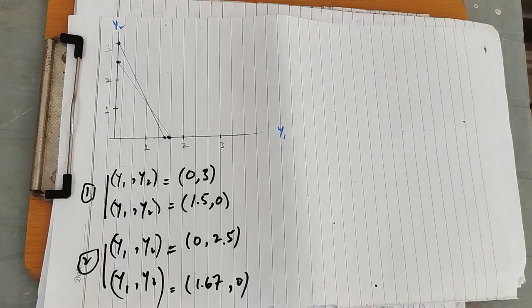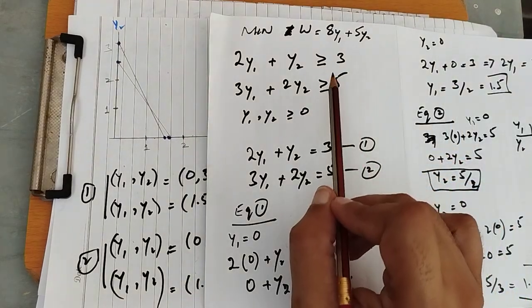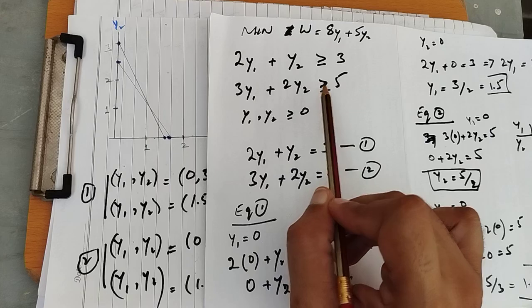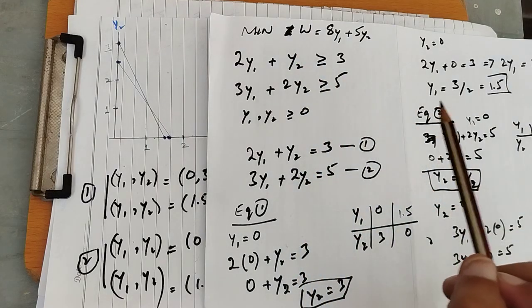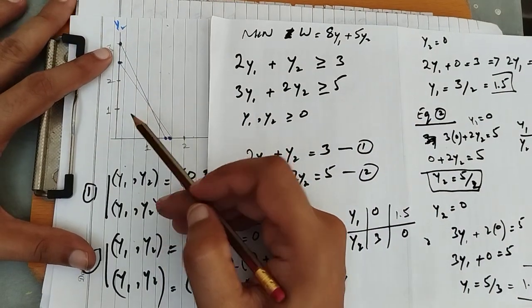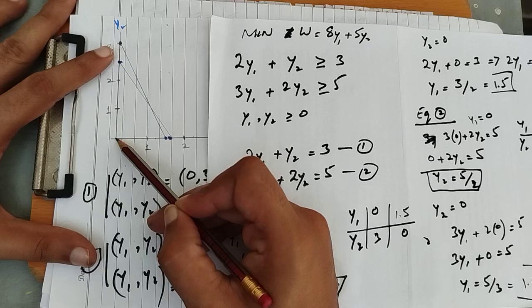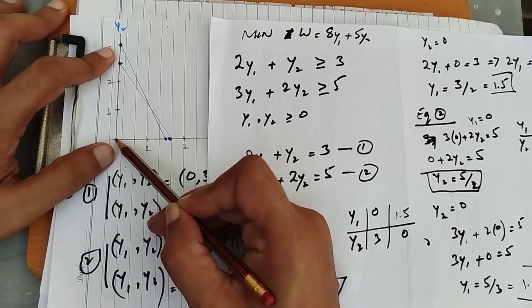We need to see in our problem that they were greater than. So they must be greater than. The greater than sign will be opposite to this from here.